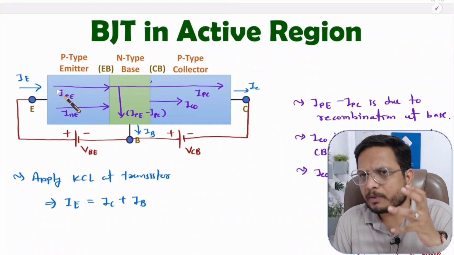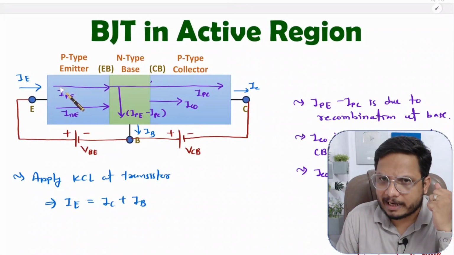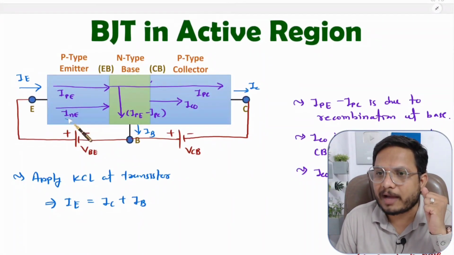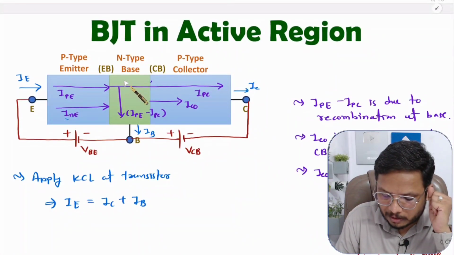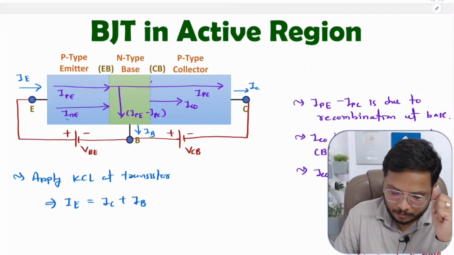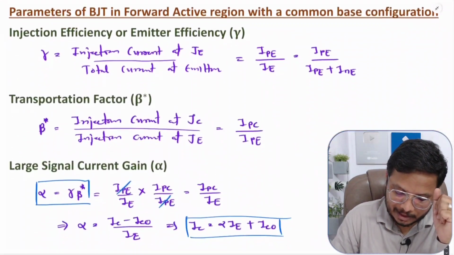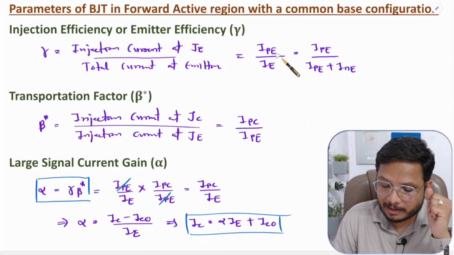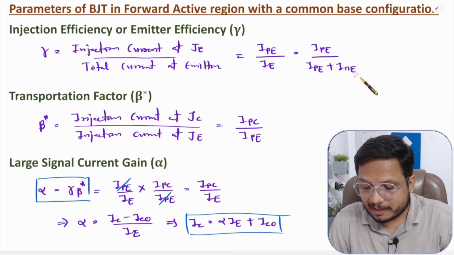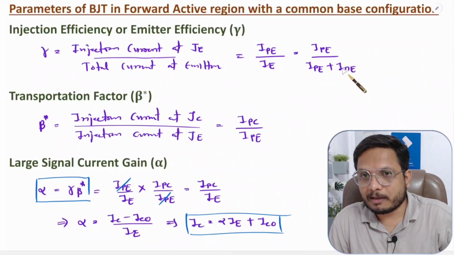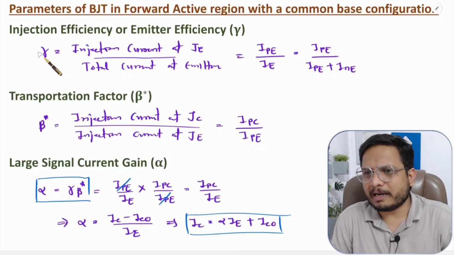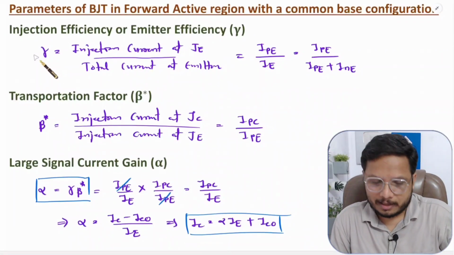Practically, when we design a BJT we want a lower value of INE, and you can get a lower INE with lower doping concentration in the base. So in gamma equals IPE divided by IE, where IE is IPE plus INE, the INE value should be lower. Technically gamma is lower than 1, but ideally it will be nearer to 1.